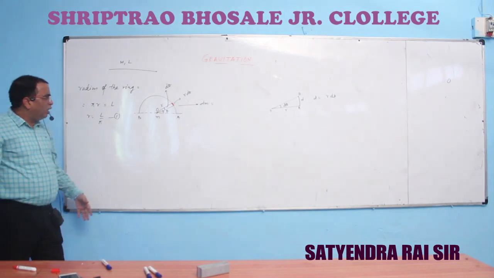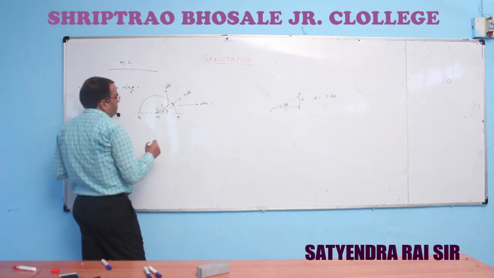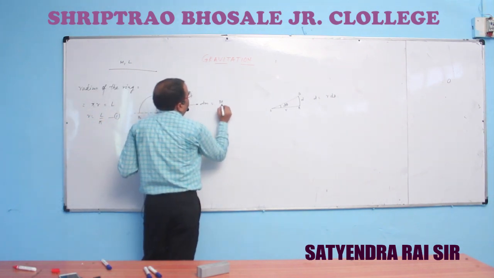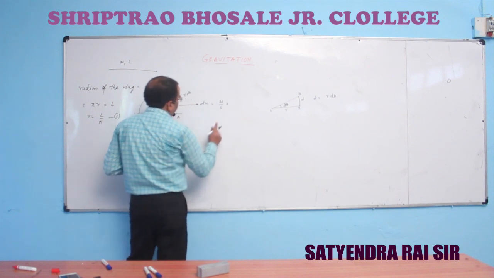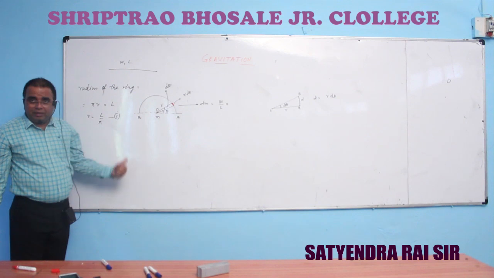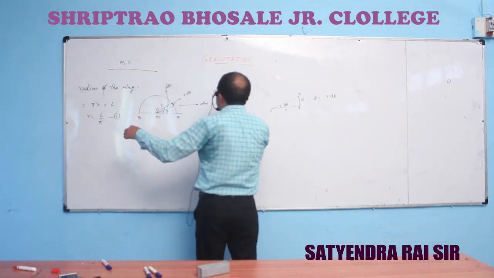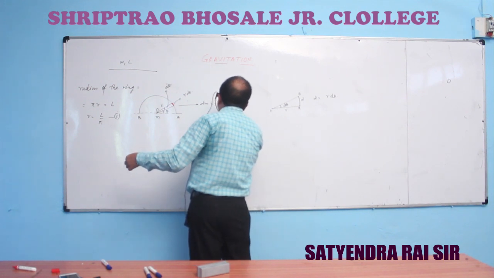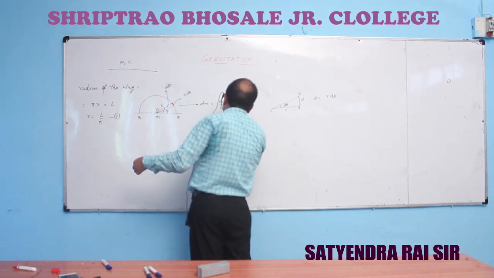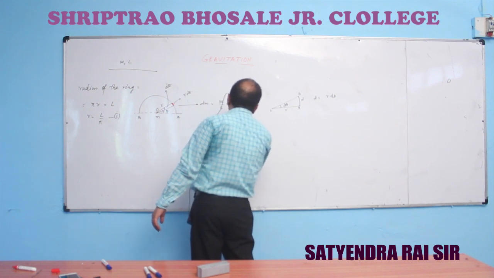So dm is the mass per unit length into the length of the element: m by L into r d theta, or m by L into L by pi into d theta.